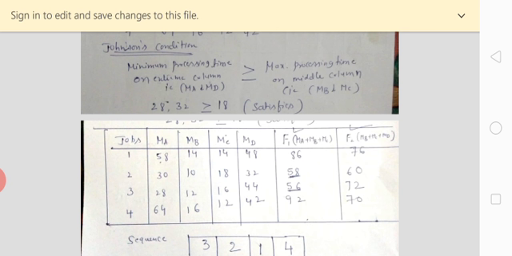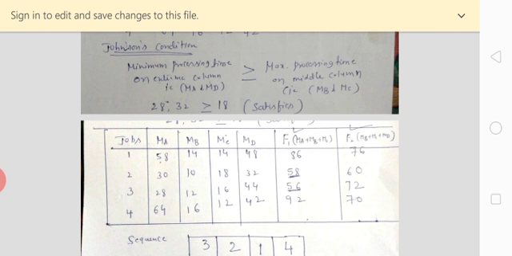For F1, job 1, what is the total processing time? We need to add the processing time of machine A plus machine B plus machine C. That becomes 86. Similarly, for job 2 you add all the processing times of machine A, machine B and machine C. That becomes 58. For the third job, 28 plus 12 plus 16 equals 56. Similarly for the second job, 30 plus 10 plus 18 gives 58. For the first job, 58 plus 14 plus 14 gives 86. And the last job is the fourth job.